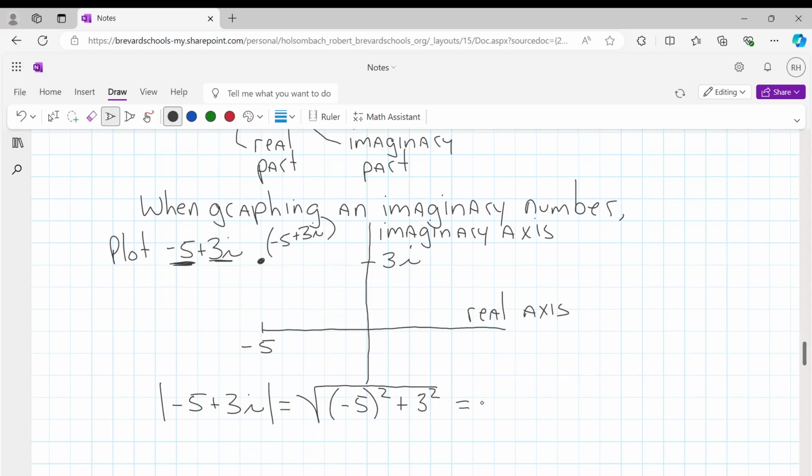And that would be equal to the square root of 25 plus 9. So the absolute value of -5 plus 3i would be equal to the square root of 34.